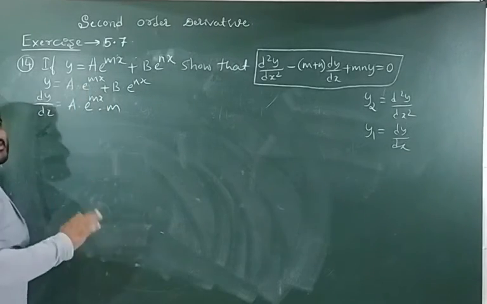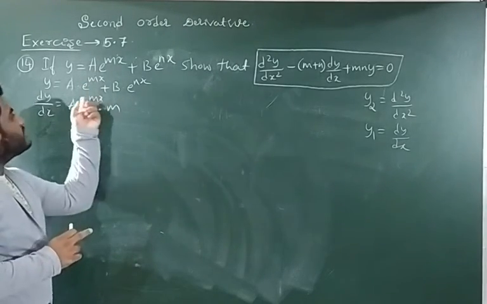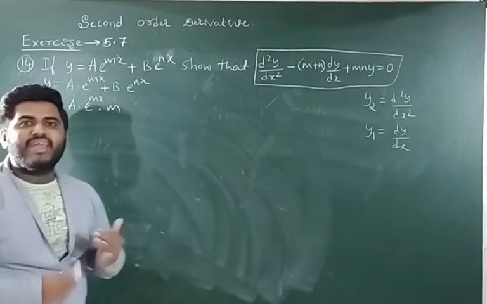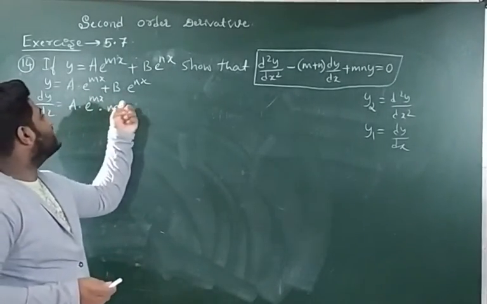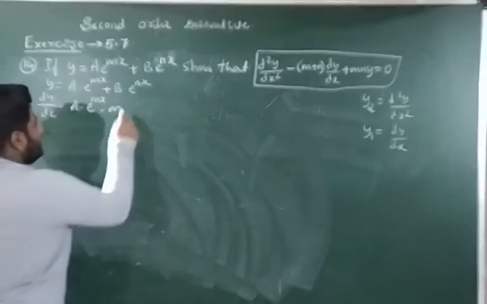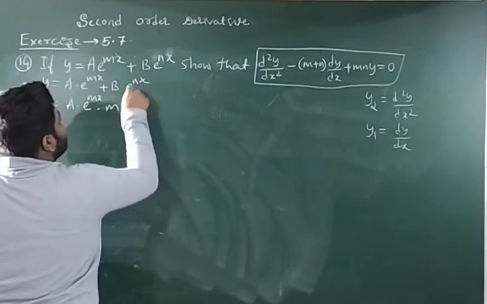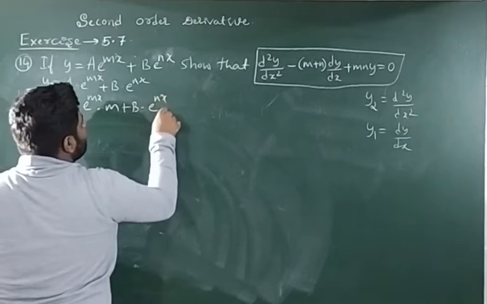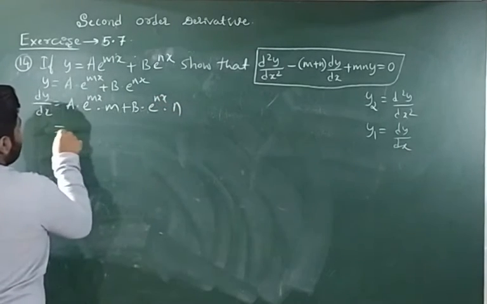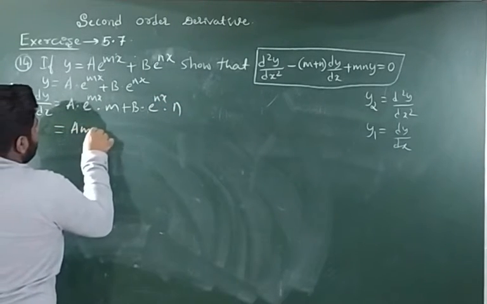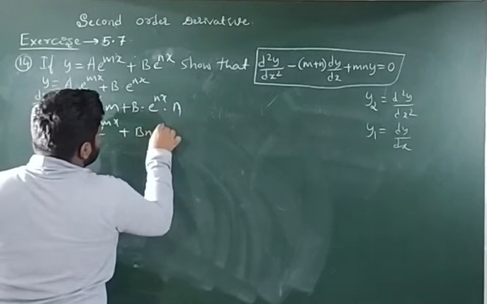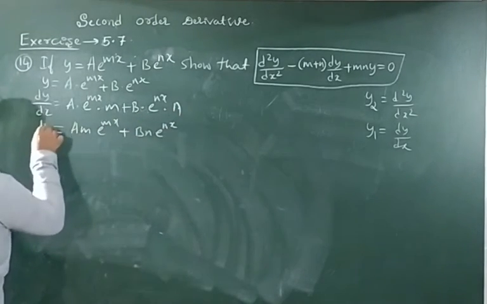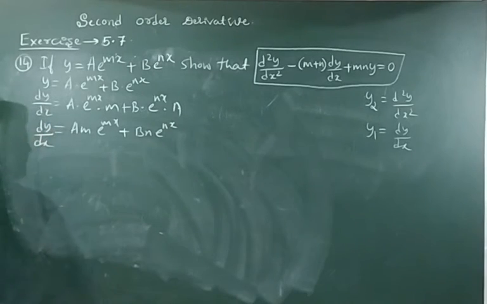If e raised to mx is there, again we have to take differentiation of mx. Differentiation of mx is m, differentiation of x is 1. Similarly, b as it is, differentiation of e raised to nx is e raised to nx into n. So finally what we are getting? am into e raised to mx plus bn into e raised to nx. This is nothing but dy by dx.